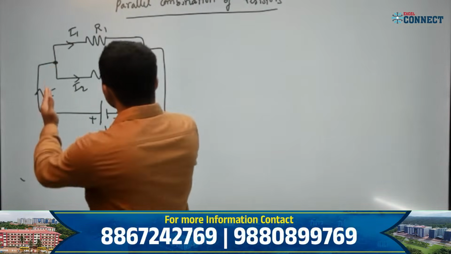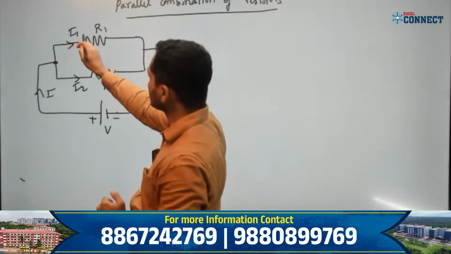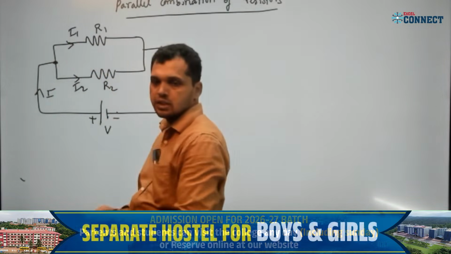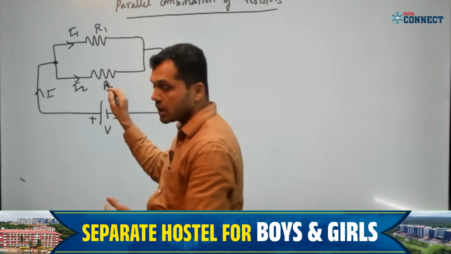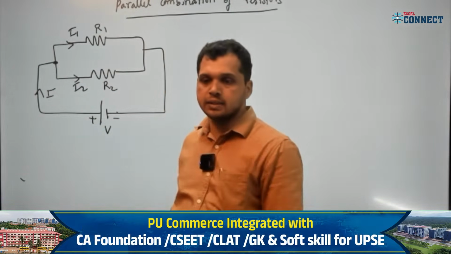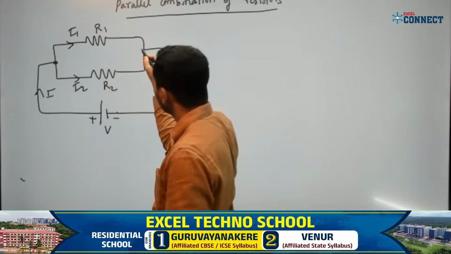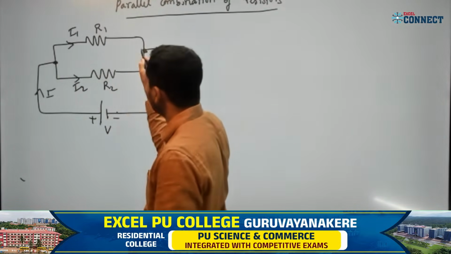But what about potential difference? See, this first resistor R1 is connected across the battery of potential V. The second resistor R2 is also connected to the same battery, between the two common junctions.